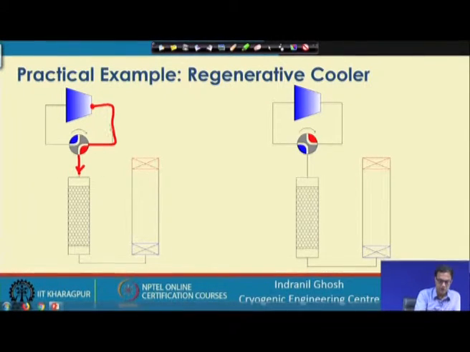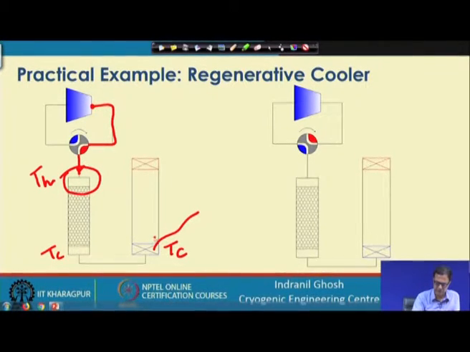In one cycle, the high pressure gas is coming to this side at the hot temperature TH. In steady state operation, the other side is the cold side, and here we add the required refrigeration QC. Now in this cycle, the high pressure gas is flowing through the regenerator.